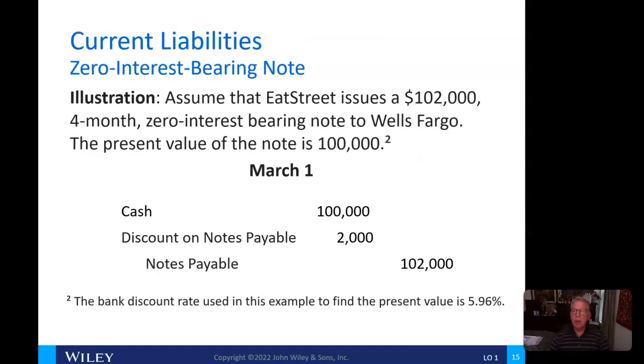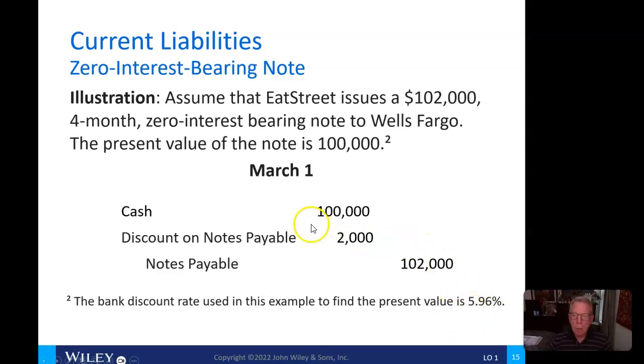Okay, let's look at a zero interest bearing note. In this illustration, we're going to assume that Eat Street issued a $102,000 4-month zero interest bearing note to Wells Fargo. The present value of that note is $100,000. The bank discount rate used in this example to find present value is 5.96%.